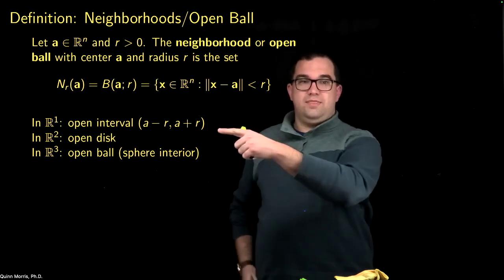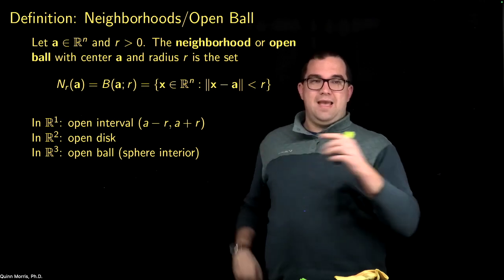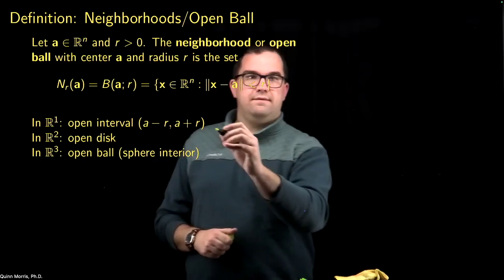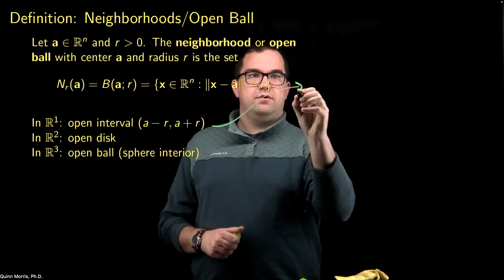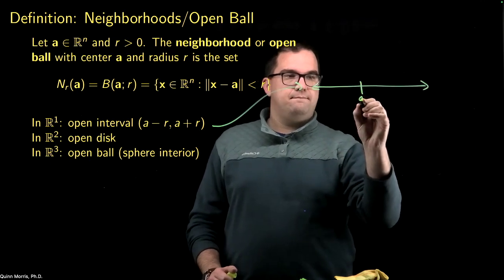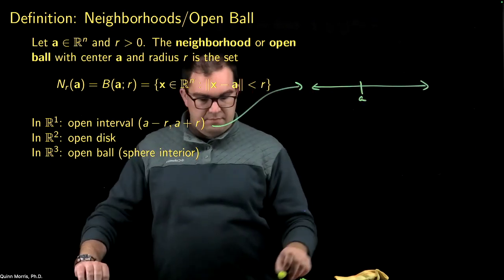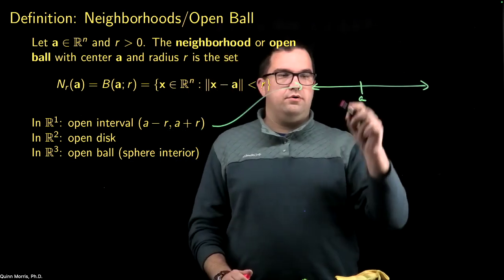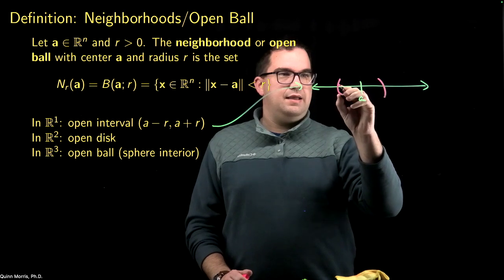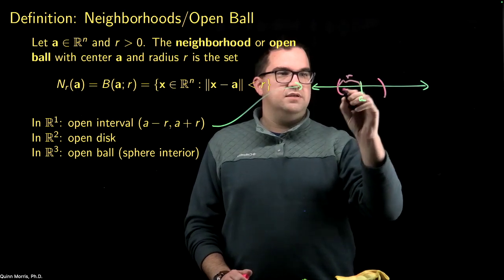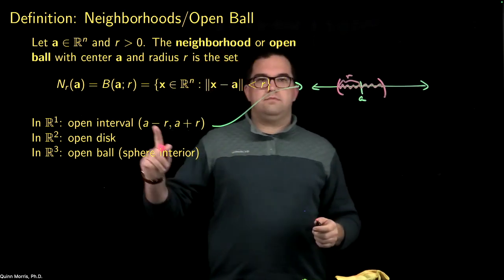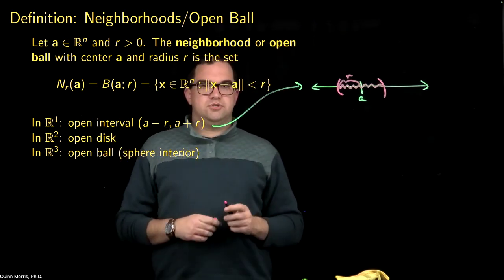In R1, the neighborhood of the point A is just the interval around A. So visually, if I were to draw this, here's some point A, and my neighborhood of radius R is just going to be some interval around A, where this distance here is R. So in R1, or just R, these neighborhoods are just open intervals.